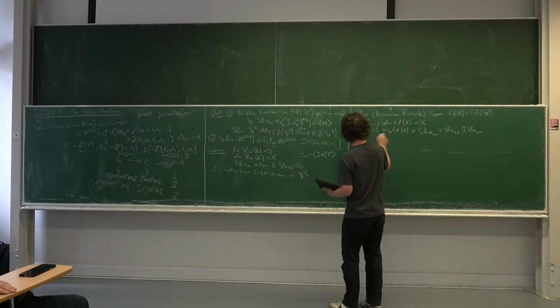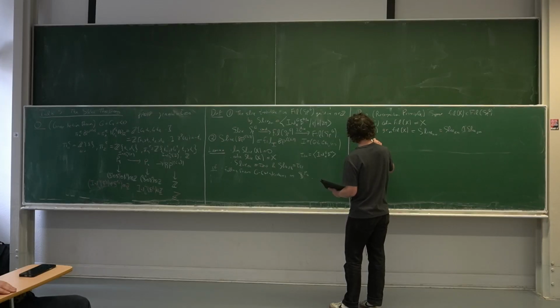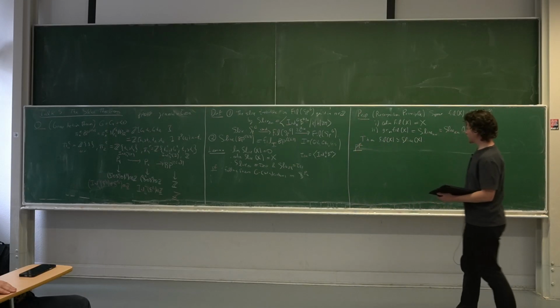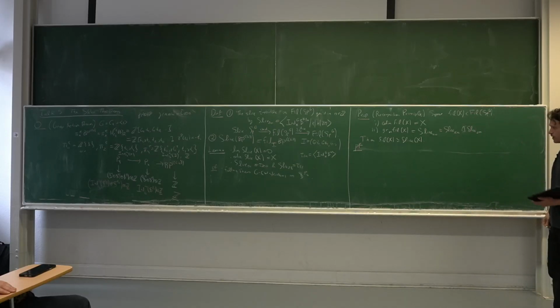So if your nth associated graded is an n slice for every n, then you have a canonical equivalence of filtered G spectra between that filtration you gave and the slice filtration.